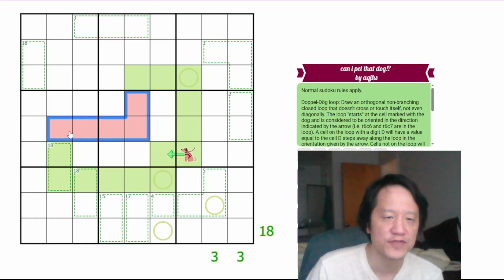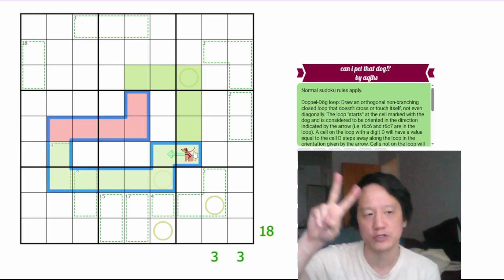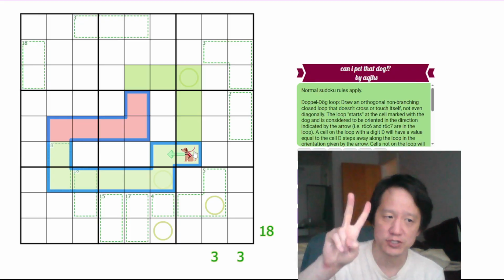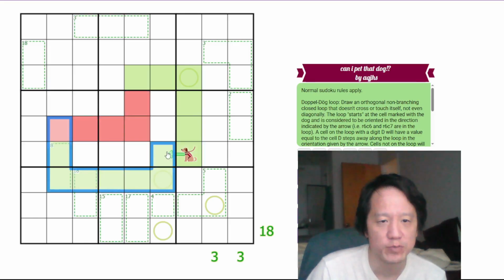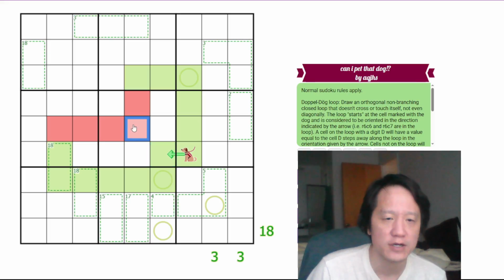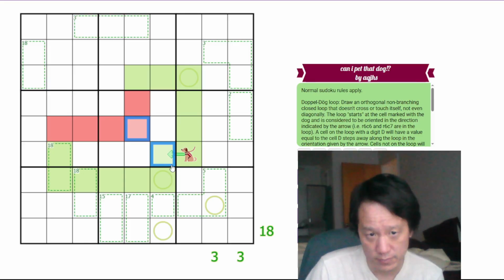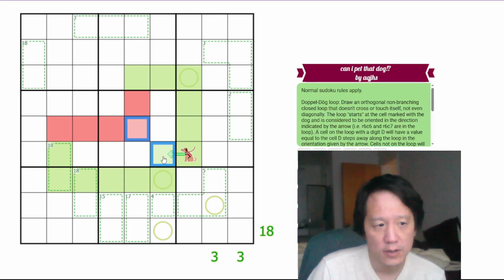Even though this fulfills everything else about the loop, that every cell shares two and only two cell edges with other cells in the loop, this doesn't work because these touch each other on the corner. So that's what the orthogonal non-branching closed loop does.